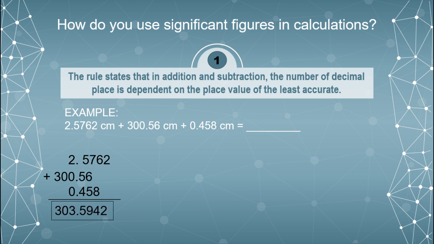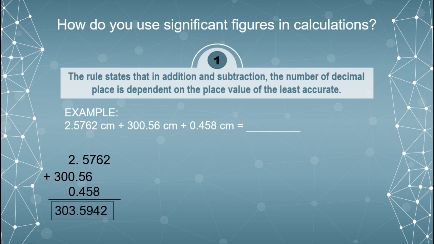So, we have 13 plus 1, that is 14 plus 5, 19 carry 1. So, that is equal to 11, 15 carry 1. So, we have 3, 0, 3. So, 303.5942.